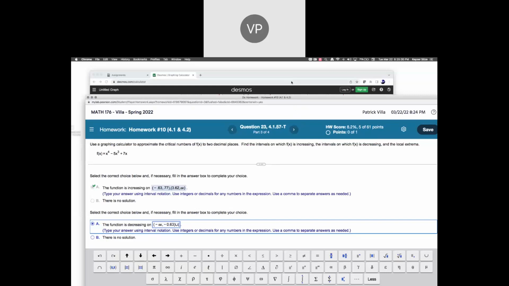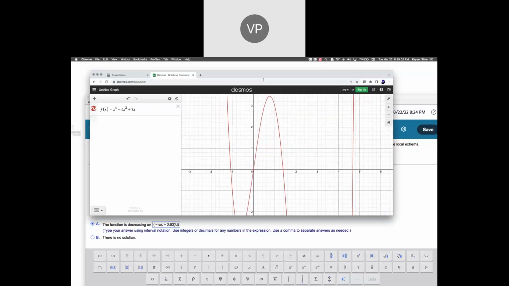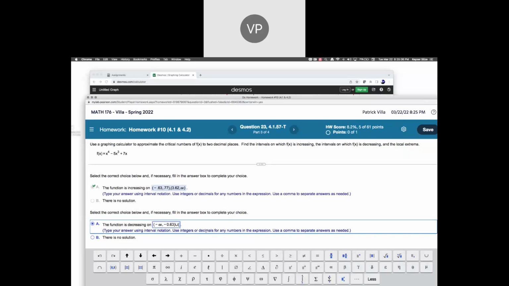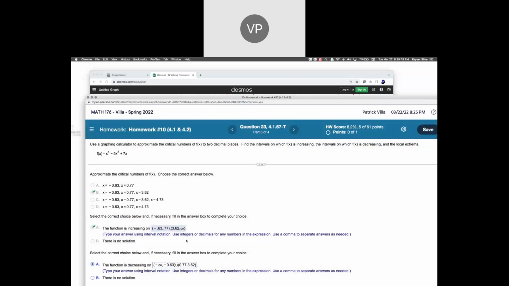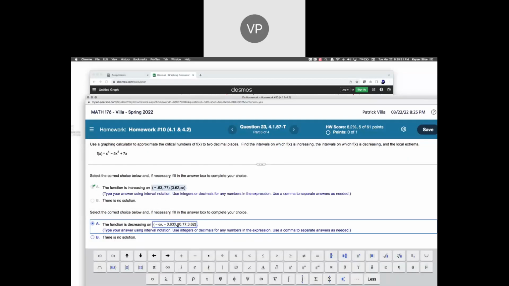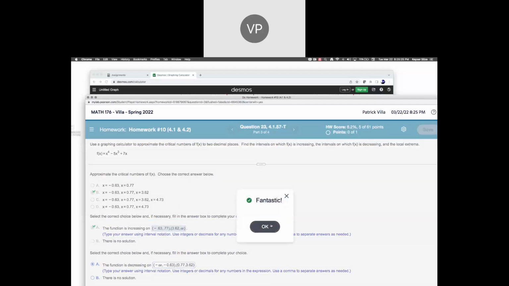And then it's also decreasing from this critical value of 0.77 all the way up to the 3.62. Okay, now that answer is technically correct, but the fact that they said use the comma, they might not like it. Yeah, they didn't like it. So, like I said, I just wanted to test the system so you guys don't have to make that mistake. Now we put the comma and we're good.